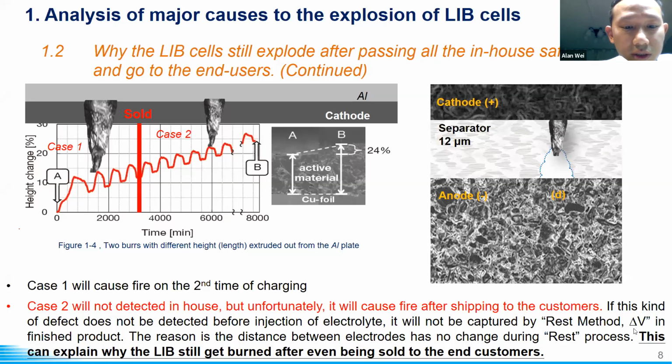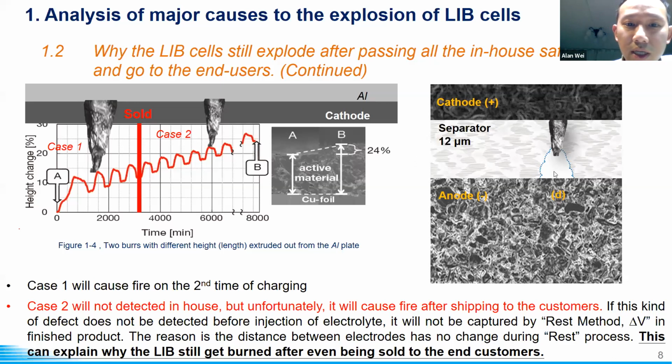The reason is the distance between the electrodes has no change, so we can know that if the distance does not change, how can it make a short? So this can explain why the lithium battery still gets burnt even after being sold to the end customer.